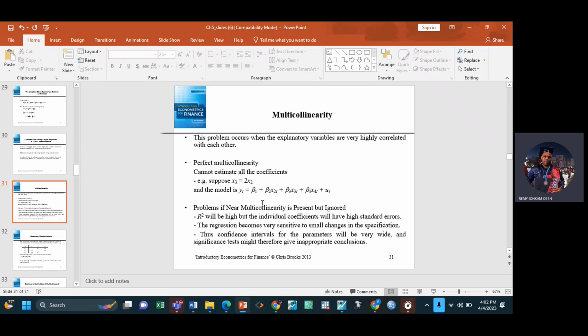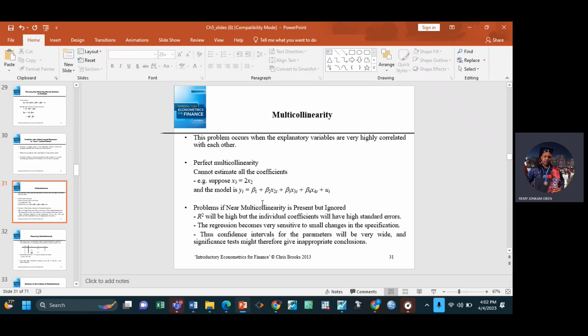Let's talk about the cause. What can cause multicollinearity? Multicollinearity can be caused if you use variables which are very close to each other, variables which are very similar.